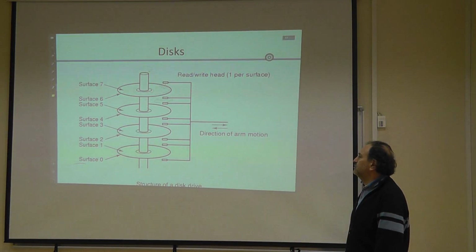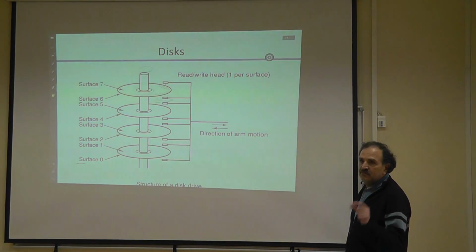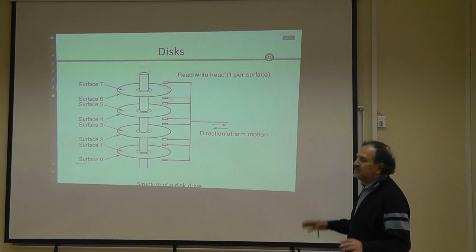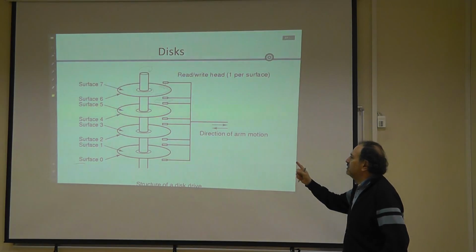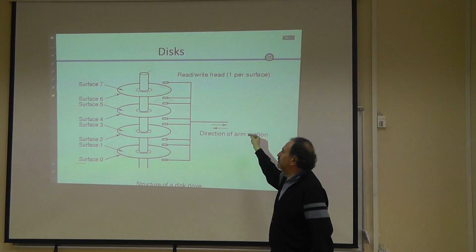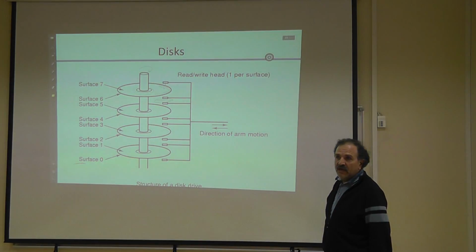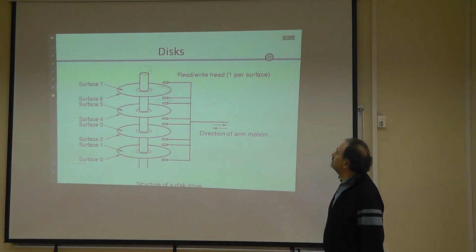Nowadays I can store terabytes of data on a very small disk space. But the idea is the same, only the scale has changed. Something is spinning and the read-write head is moving in and out and transferring data to the computer. The idea is the same, the technology is different.